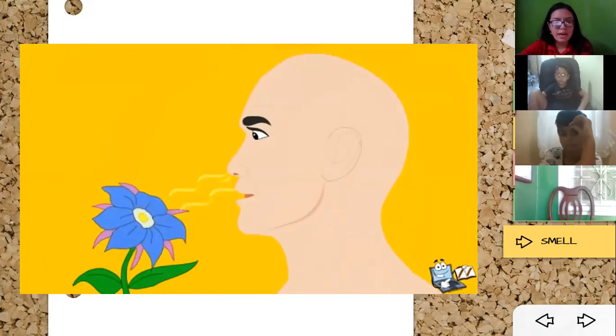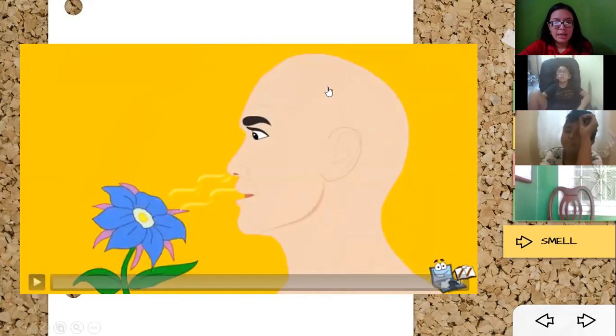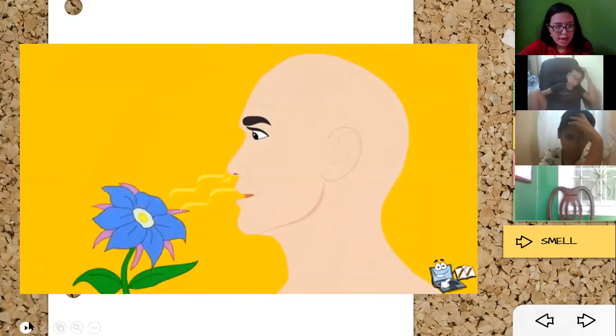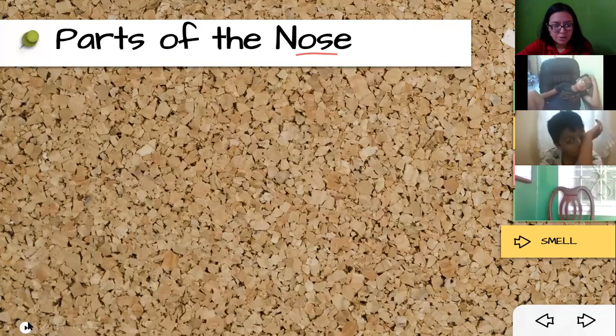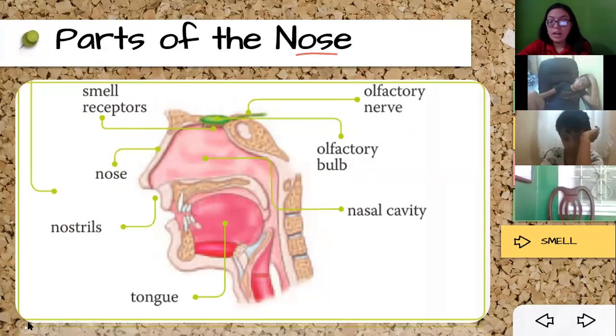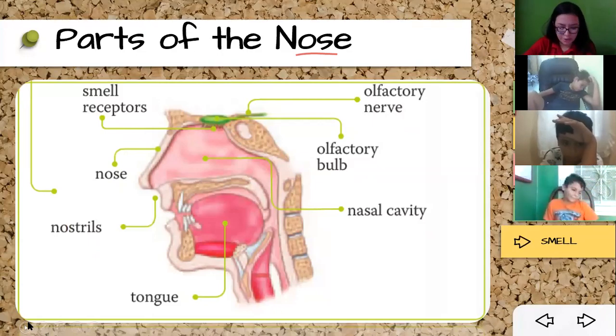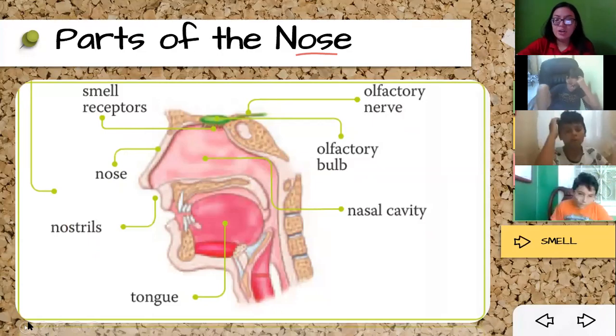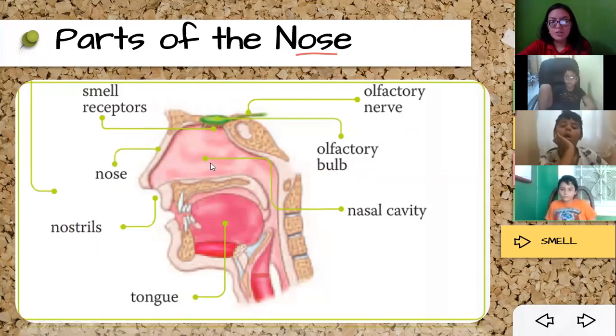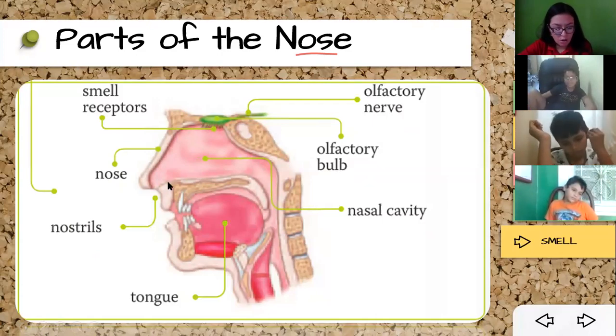Okay, so guys, you have over there the nose, okay? And the air enters through the nose through two holes, the holes that we have over here called nostrils, and they reach a determinate area that is called the olfactory bulbs.